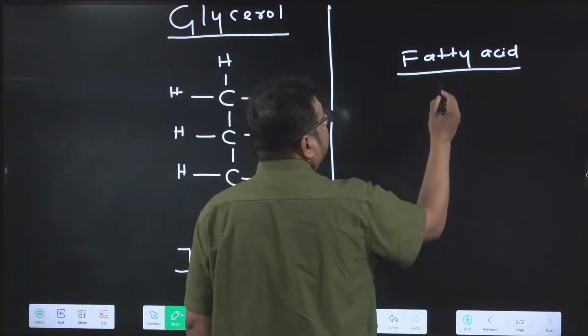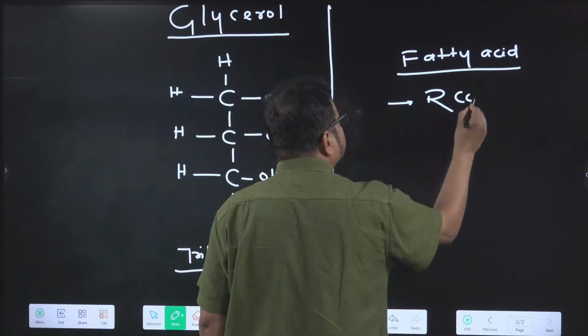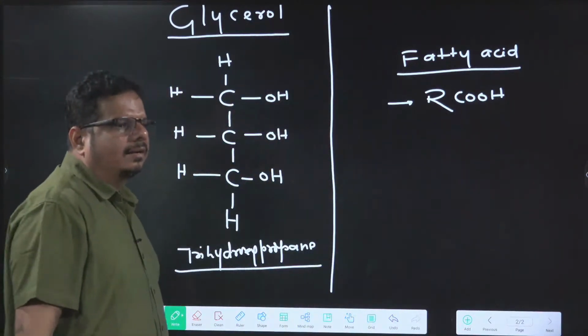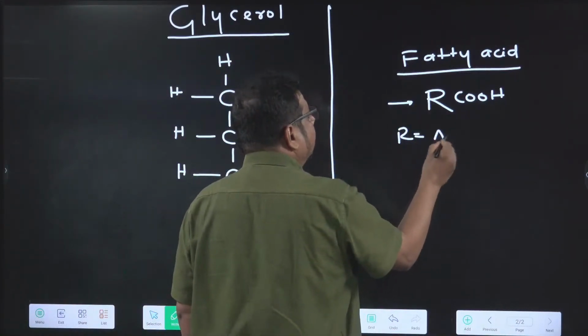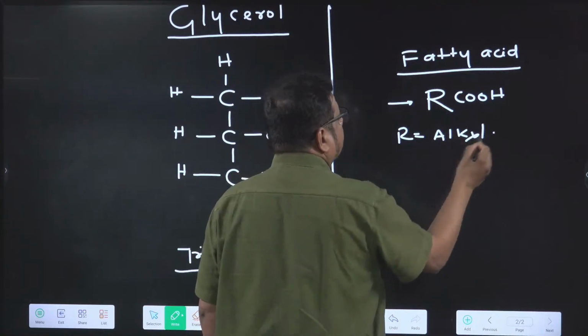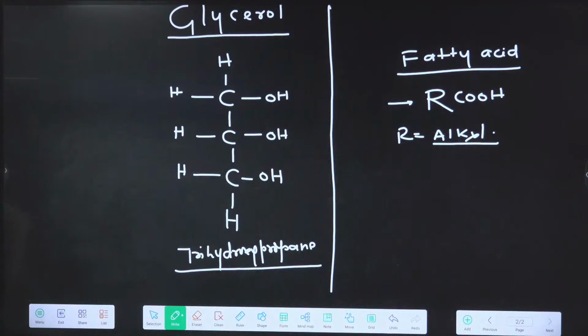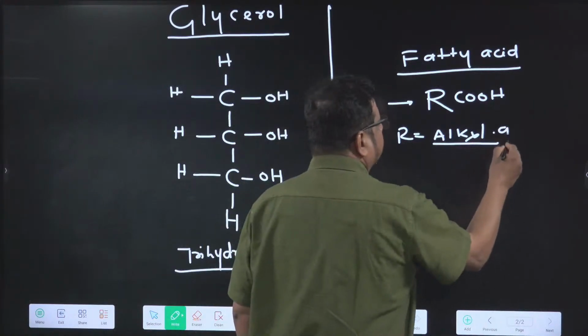If you talk about fatty acid, we can write it as RCOOH, where R is an alkyl group. Getting the idea or not? R is alkyl group.